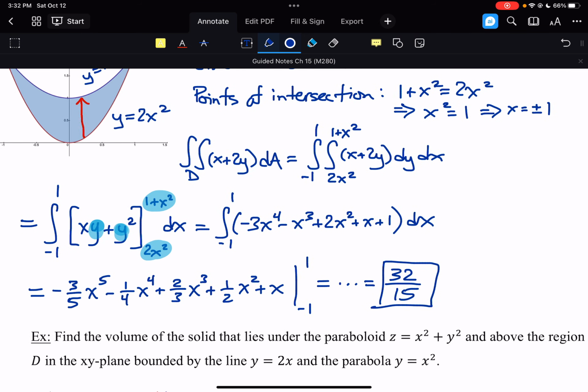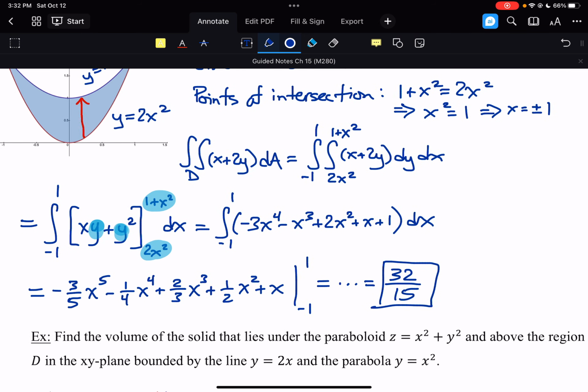Now when it comes to setting this up, we can notice that y is a function of x. We can integrate vertically, from bottom function up to top function for this region. So this would also be vertical integration.